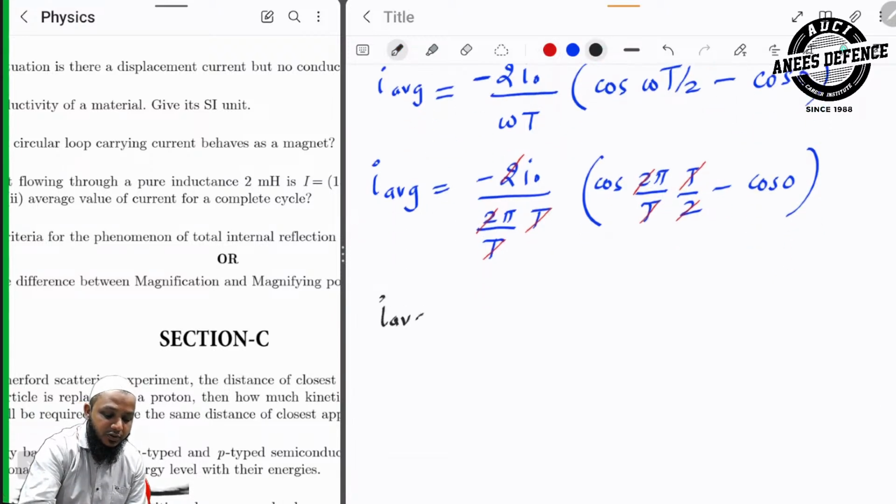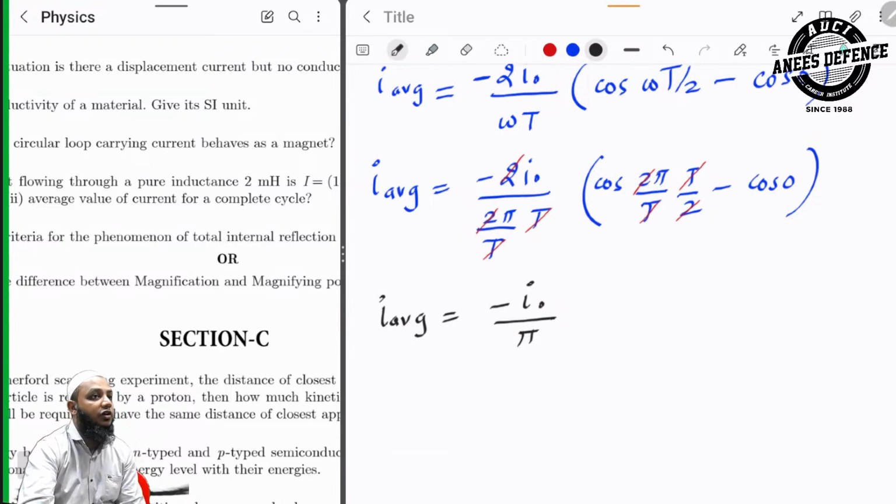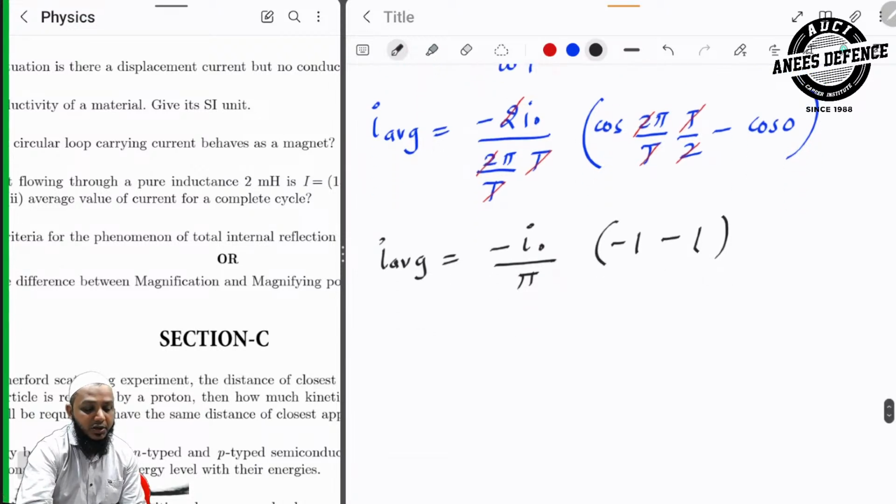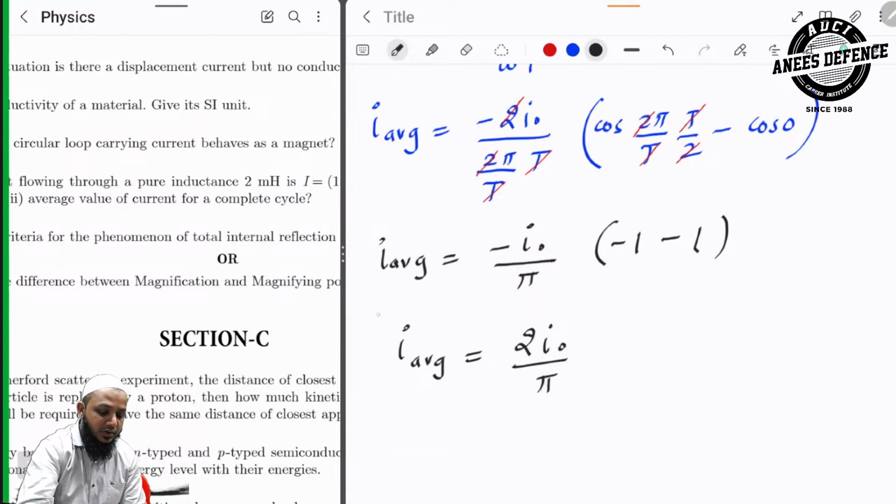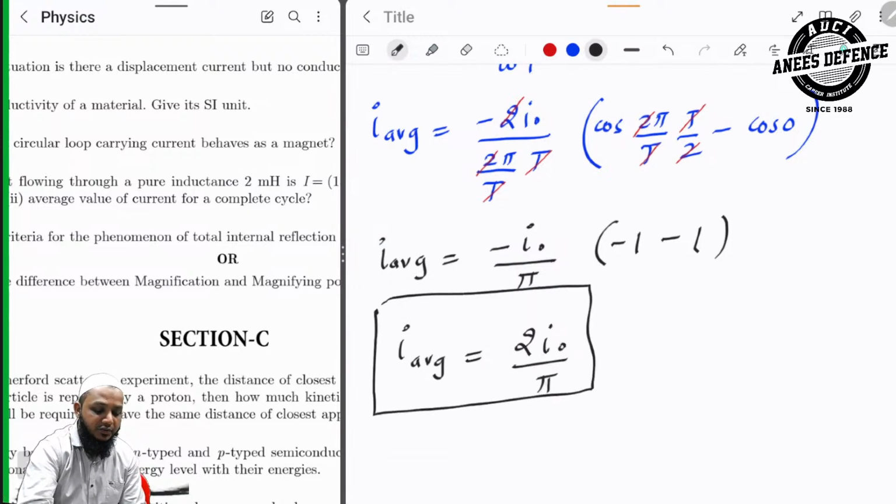I average will be equal to minus I naught upon pi into cos pi minus cos 0. What is cos pi? Cos pi is minus 1. And cos 0 is 1. So it will be minus 2. Minus minus gets cancelled. So therefore I average will be equal to 2 I naught upon pi. This is the average over half cycle.